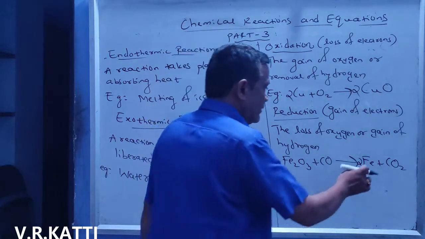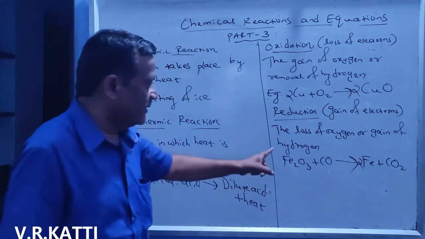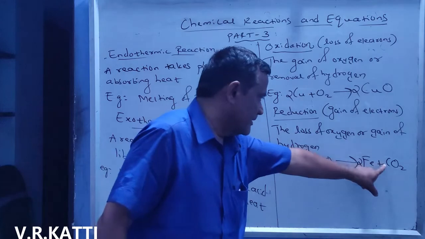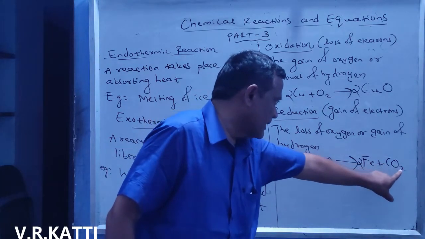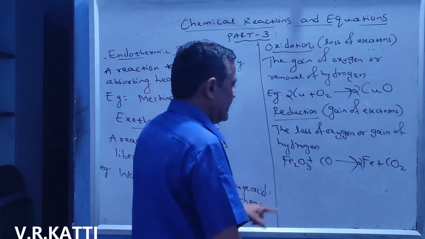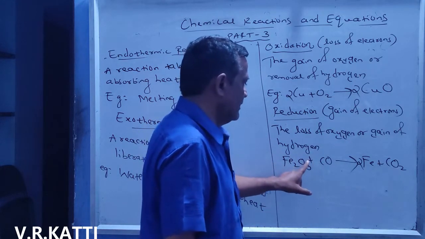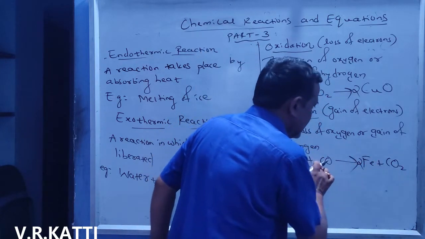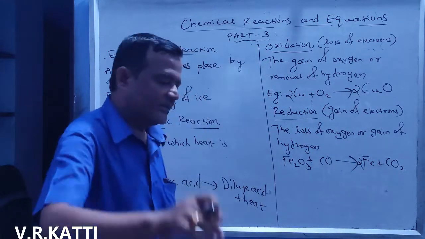If I write 2 here, carbon will be balanced, 2 twos are 4. But with 3 plus carbon monoxide, if I write 2, carbon will not balance.